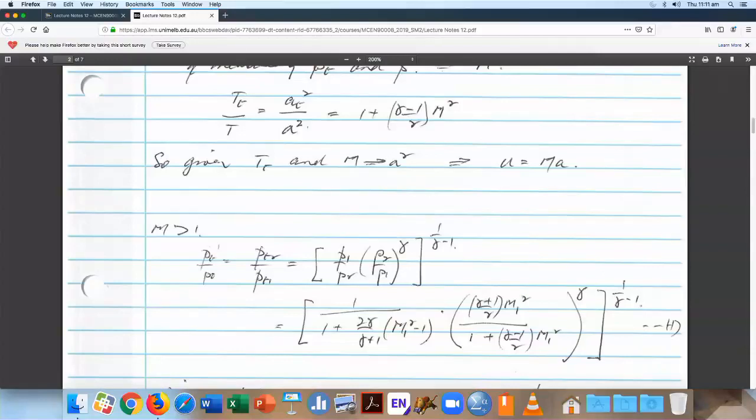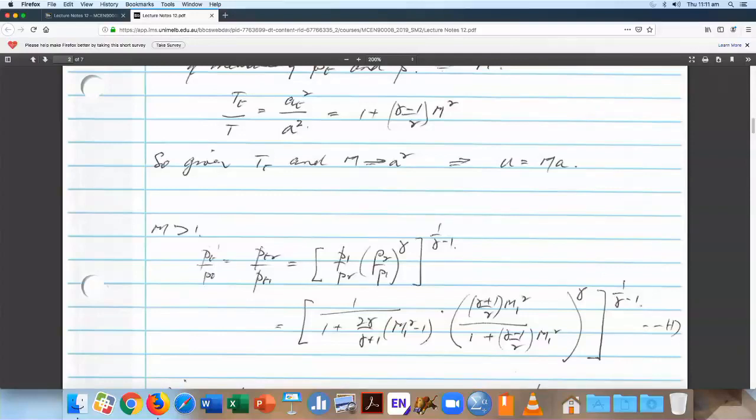And I've just proven to you from the entropy relationship, I showed you that this ratio of total pressures was also given by the ratio of the static pressures and the ratio of the densities, all to the gamma, 1 over gamma minus 1.